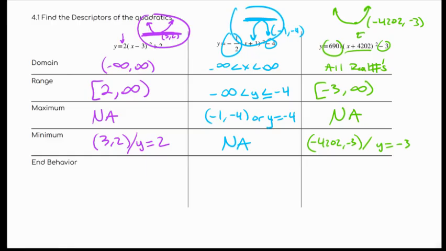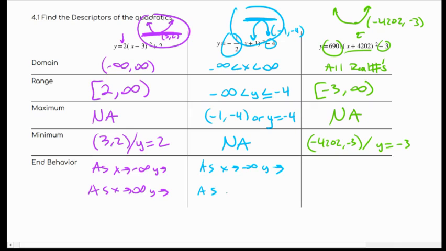Then lastly, for the end behavior, it's always going to be as x approaches -infinity, y approaches something, and then as x approaches positive infinity. And then we just have to look at where our y values are pointing, which is why I used the a value to tell me if it's pointing up or pointing down, because for all of these end behaviors, the left and the right side point in the same direction, just because that's how all parabolas, or all quadratics, look.